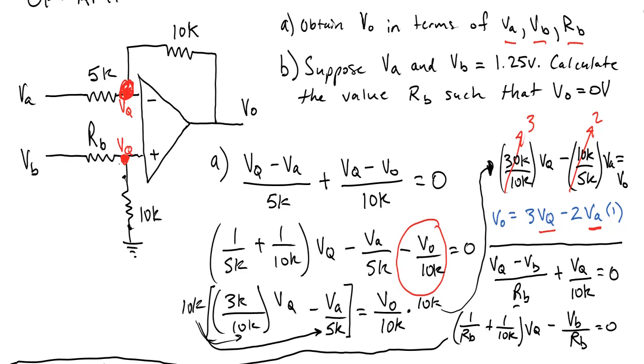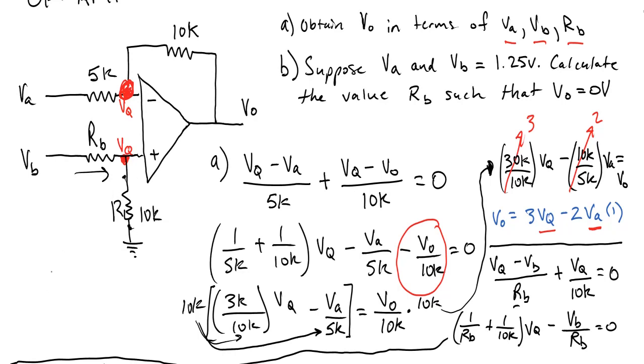So we can see here that in our regular voltage division equation, we would have an RL, the load resistor, and this series resistor RB, and our VQ is our output voltage.